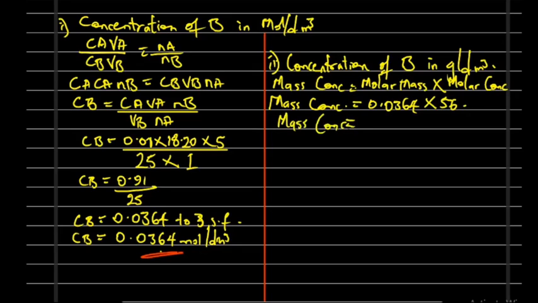Our mass concentration equals 2.0384, and that is to three significant figures. We'll be having it to be 2.04 grams per dm cube. So that is our answer for the concentration of B in grams per dm cube.